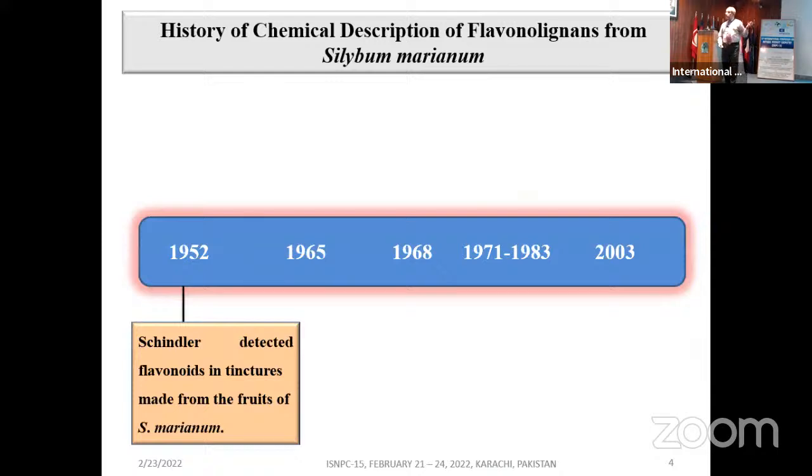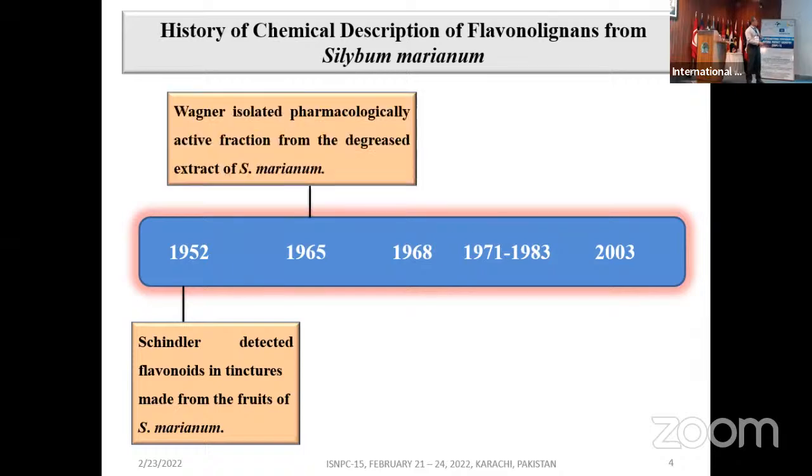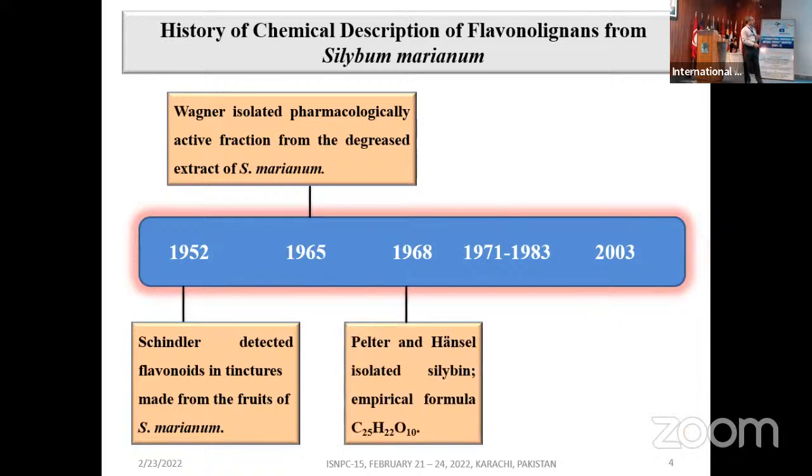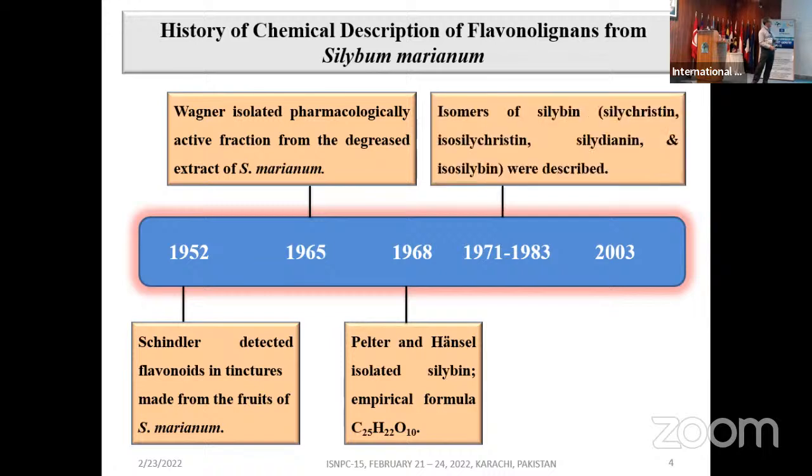The chemical description of flavonolignans, this class of compounds, today's topic, from this plant began early in the middle of the 20th century, when Chandler detected flavonoids in the tincture made from the fruit of this plant. Years later, Wagner isolated a pharmacologically active fraction from this plant. A few years later, Pelter and Hansel isolated a compound called silybin and gave its empirical formula.